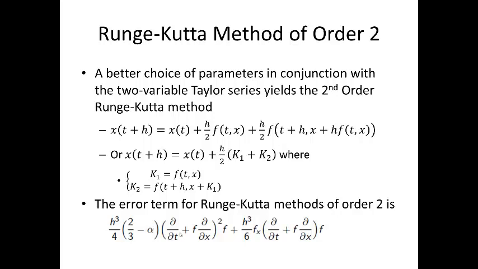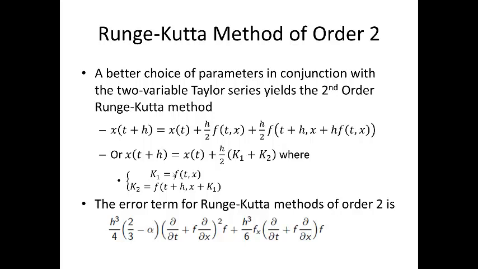This latter form shows that the solution function at t plus h is computed at the expense of two evaluations of the function f. Note that there are other solutions to this derivation, because alpha is actually arbitrary.